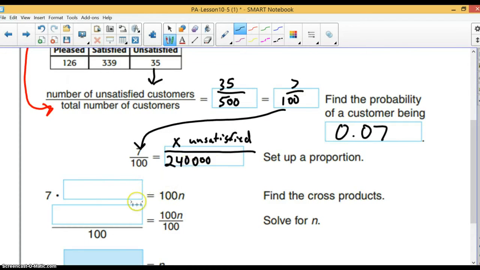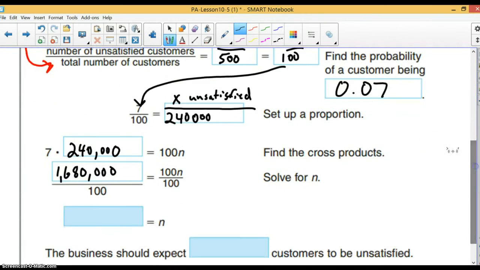And then we would solve. We multiply both sides by 240,000, so we get 7 times 240,000 equals 100n. And when we take 7 times 240,000, we get 1,680,000, and we divide that by 100. So we get 16,800 unsatisfied customers.